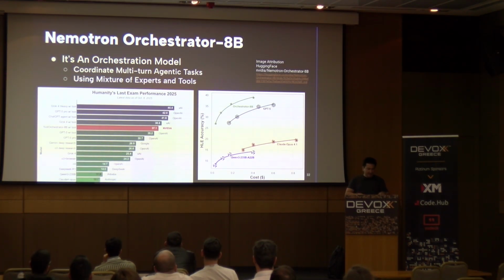For orchestration, I know it's not number one. XAI is up there, OpenAI with GPT-5 Pro and Grok 4, but it's number 5 right there. The difference is I can run this on my laptop and it doesn't cost me any money, instead of having to hit OpenAI's GPT-5 for running an orchestrator model.